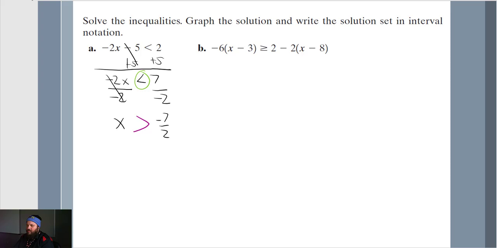So for interval notation, it's not equal to, so it's just parentheses. -7 halves is the lowest we have there going on, right? And then we're going up to positive infinity. To graph this guy, we're just going to label this as best we can.